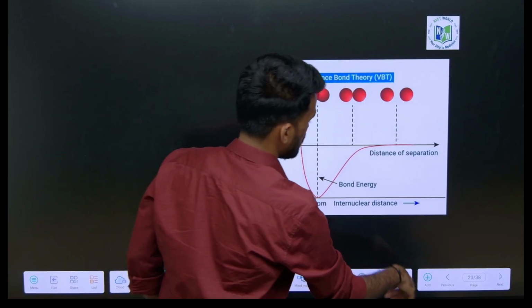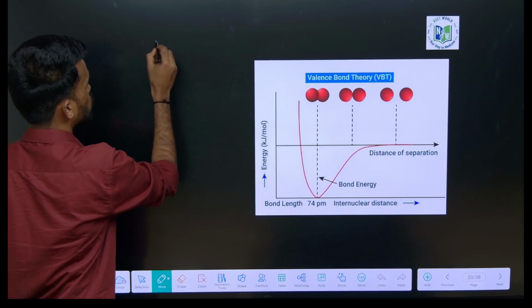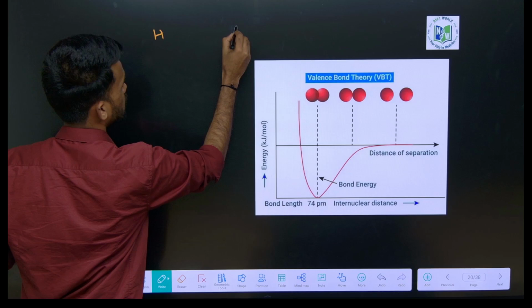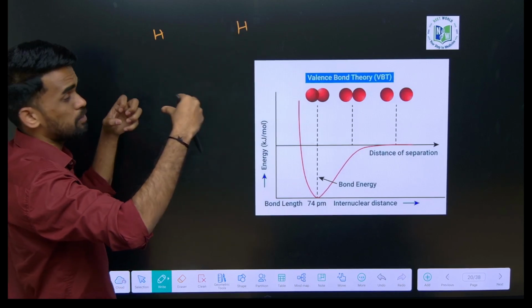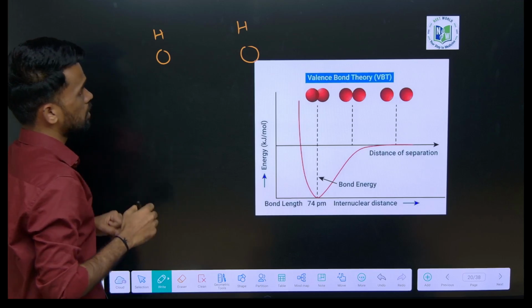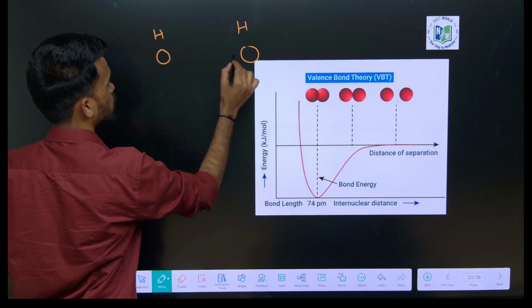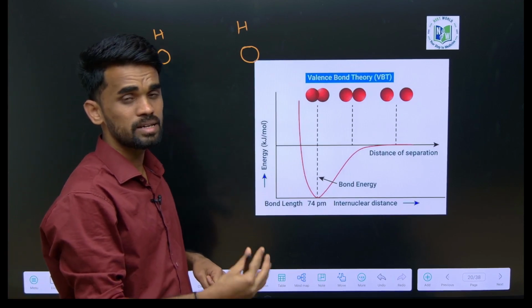Now let us say we have two atoms. Let us consider two hydrogen atoms, atom 1 over here and atom 2 over here. Let us say they are separated by a very long distance. We know in nature hydrogen atoms do not exist alone, they exist as a molecule.